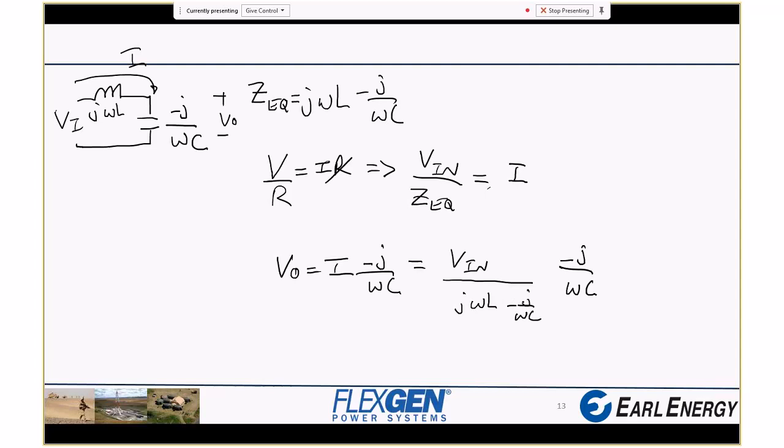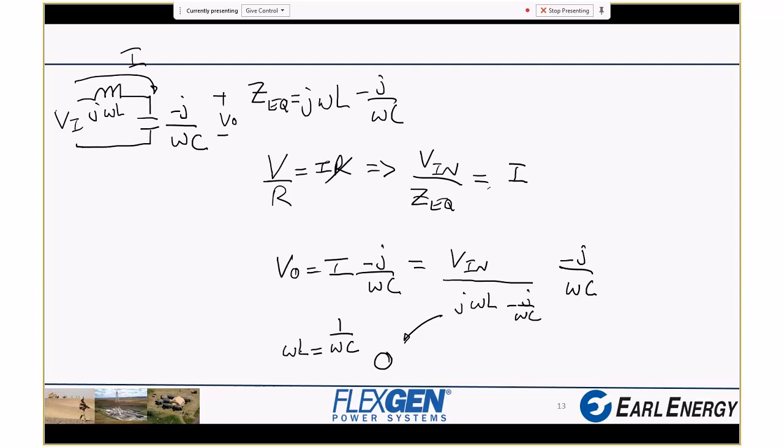So what I was getting at before is when omega L equals 1 over omega C, this goes to 0. Any number over 0 goes to infinity. So it doesn't matter what V in was, doesn't matter what the particular impedance of the capacitor was.